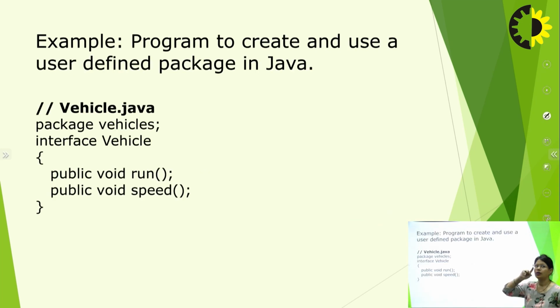Now, the next program we are creating is a package. We are writing a package with the name vehicles, and in it we are implementing an interface called Vehicle, where we are defining the methods run and speed.